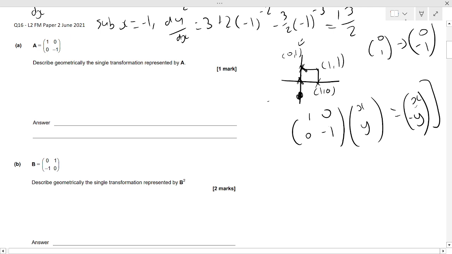Cool. Likewise, this point here, 1, 1. Again, the x stays the same, so 1, then y would be negative, so minus 1. That would be down here, right? And you could probably spot that this point here will remain the same. You can see that because for 1, 0, the x stays the same, 1, and then 0 minus 0 is still 0. So that is our reflected square here, okay?